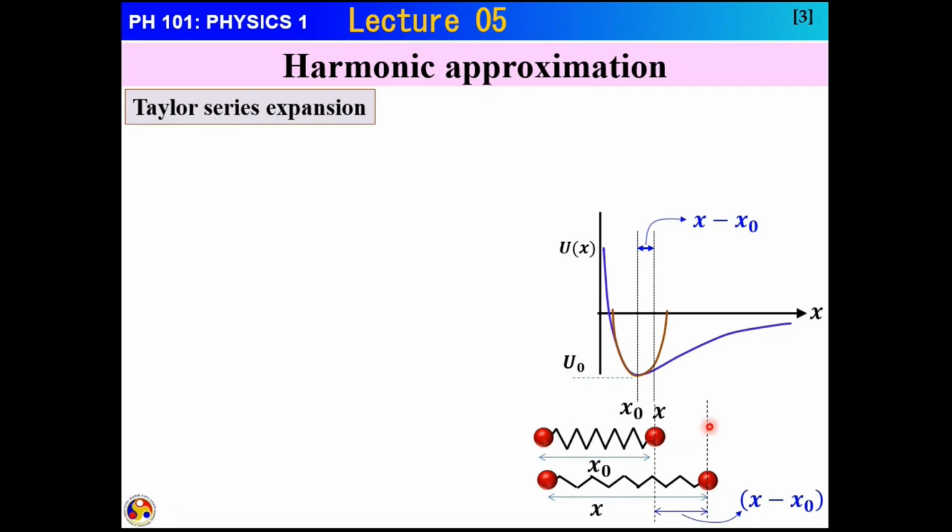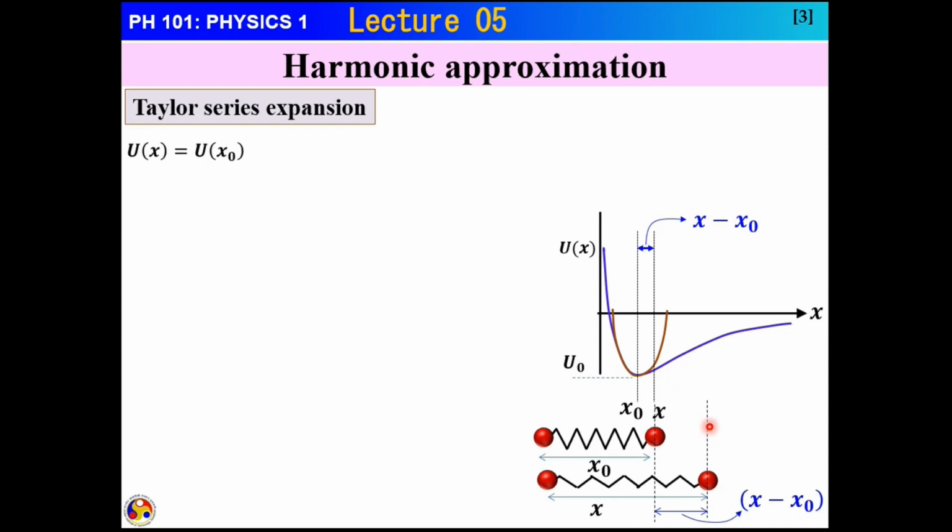You know that any kind of function can be expanded in terms of a Taylor series. Any differentiable function at some point can be expanded in terms of a Taylor series expansion.